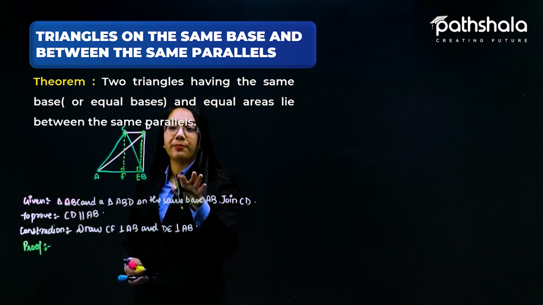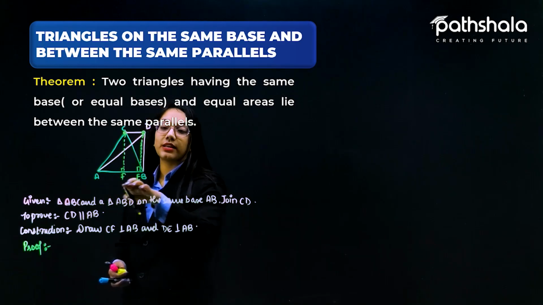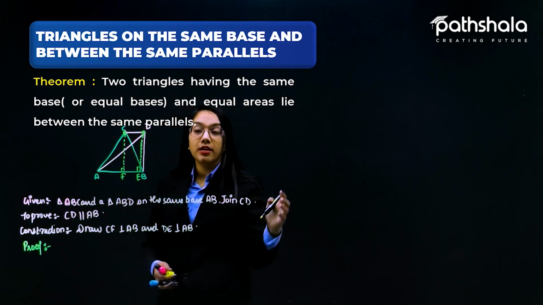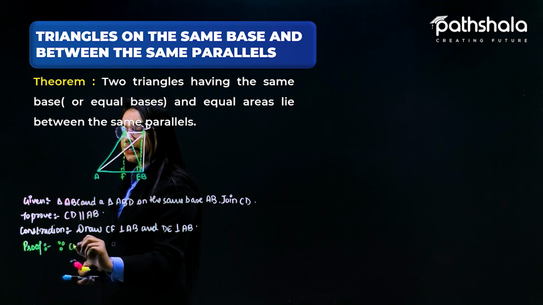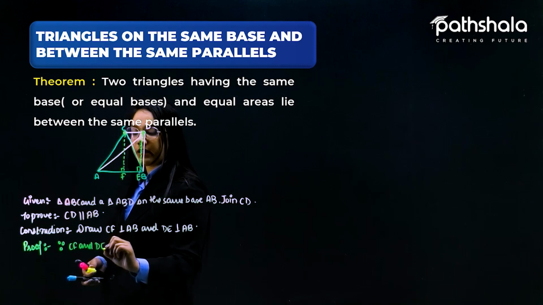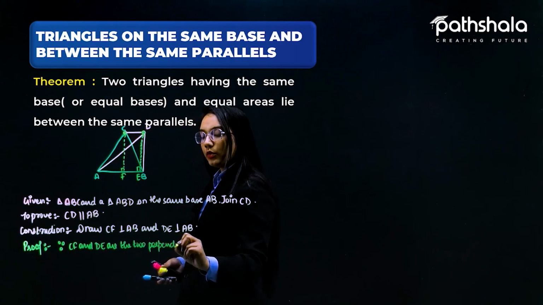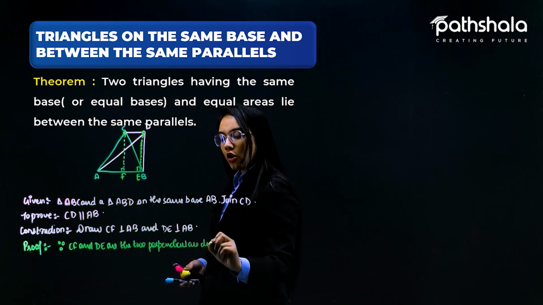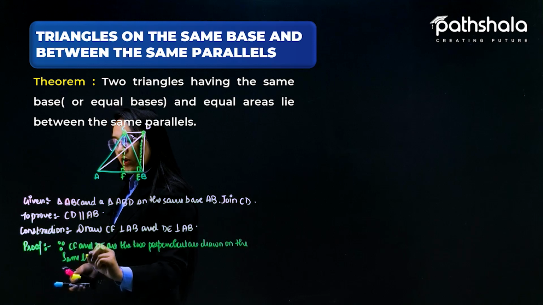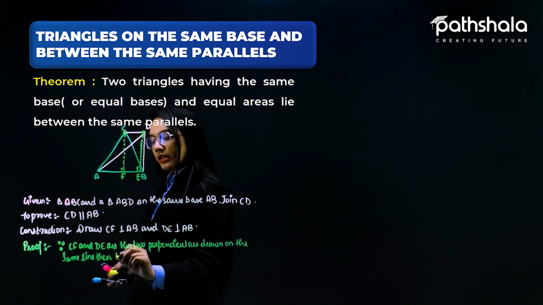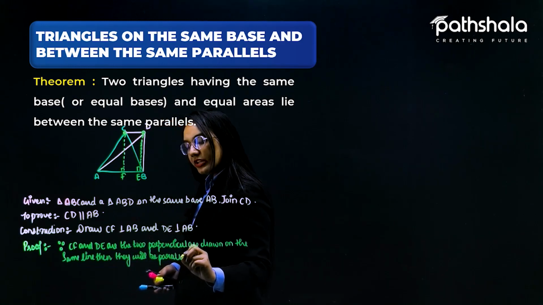If CF and DE are two perpendiculars drawn on the same line, then they will be parallel to each other.